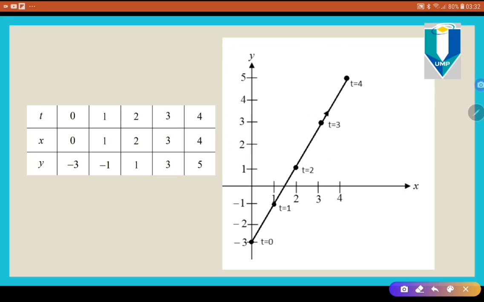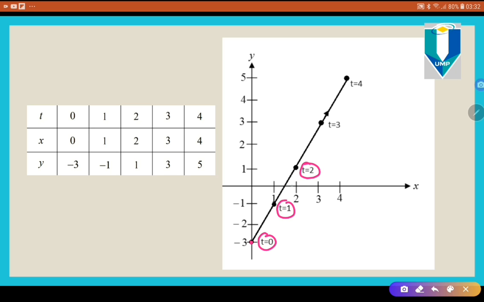Now we have the table. Just now we constructed the table, and we try to plot the points. We plot the point when t is 0 here. The point is 0, negative 3. When t is equivalent to 1, we have the point 1, negative 1.